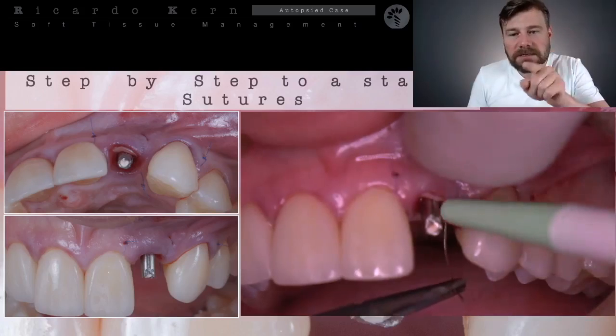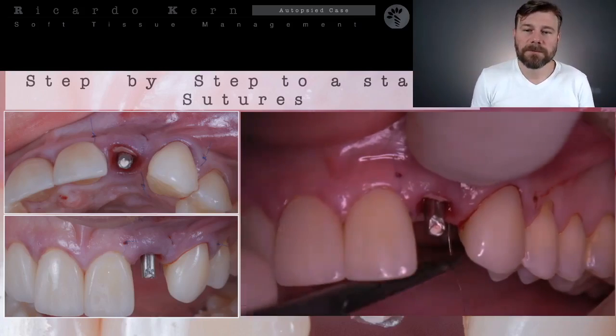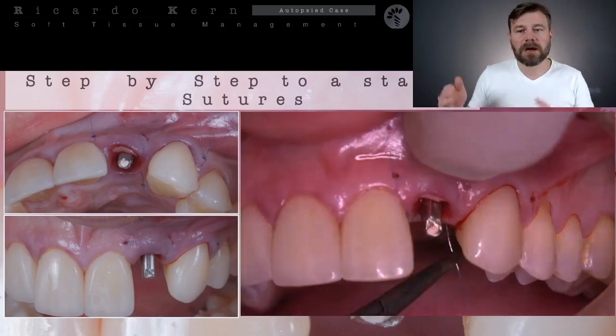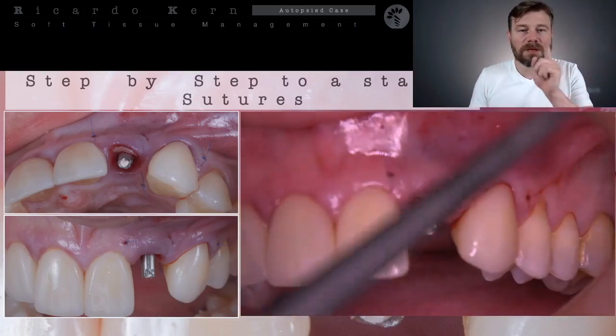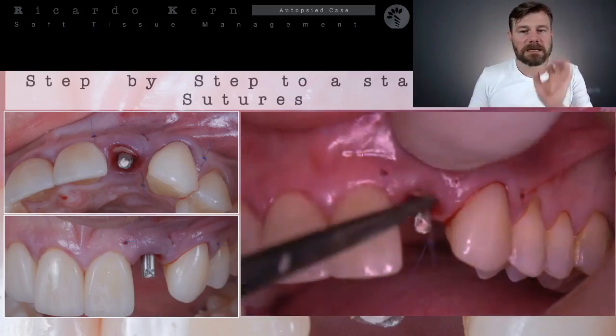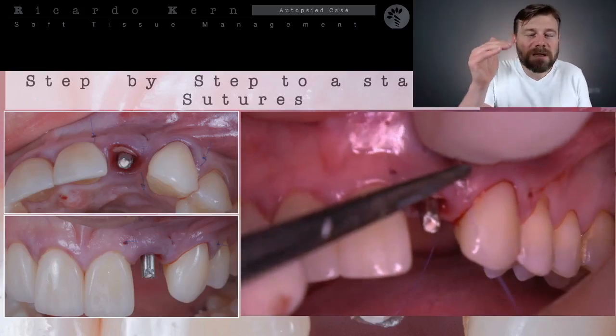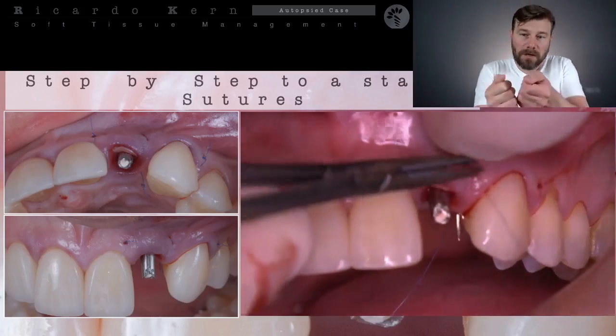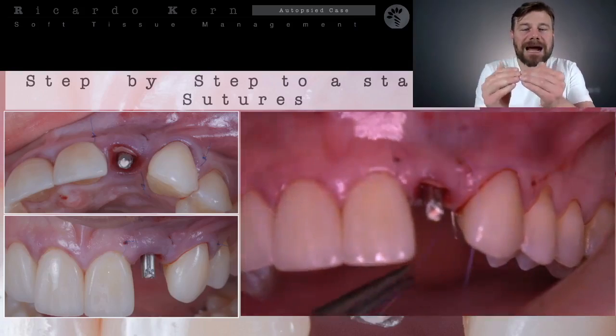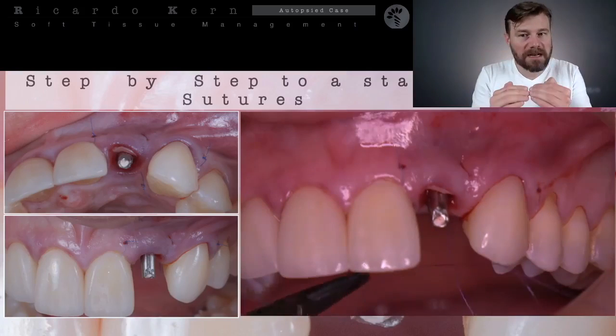This is a very nice tip for me to bring to you about the sutures. We are doing a vertical matrix here. There's not much secret, but you can use this vertical matrix exactly in this way. We need to bring this tissue a little coronally, so I push the connective tissue with my thumb as high as possible, as coronally as possible.